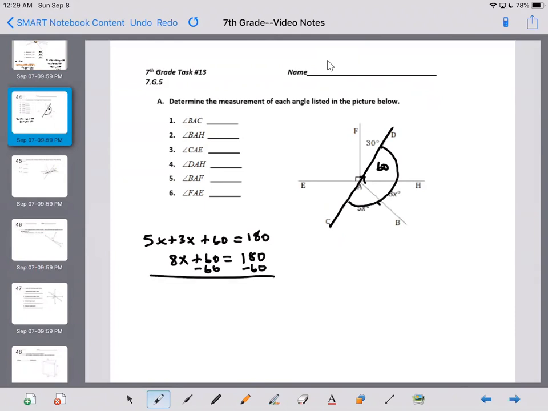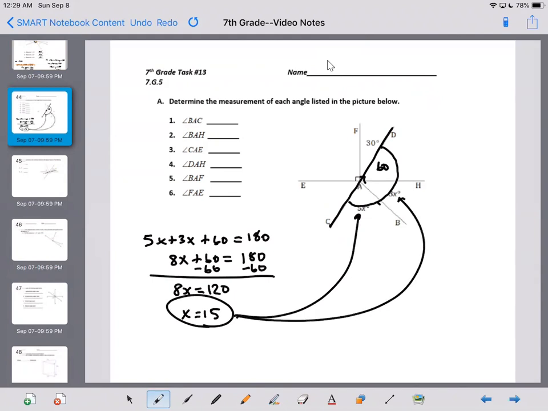I get 8x is equal to 120. And when you divide that, x is going to be 15. Well, that's not what the angle measure is. That's just what you would substitute and multiply by 5 and multiply by 3. So 15 times 5, so we know that's going to be 75 degrees, and that's going to be 45 degrees.